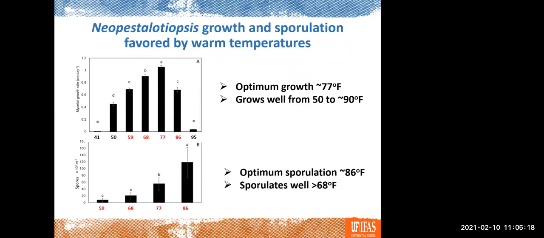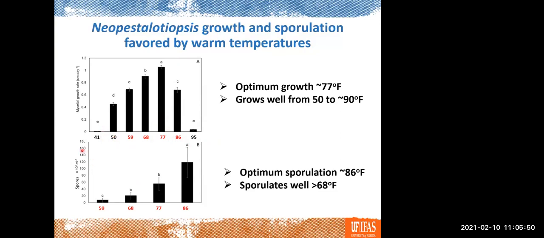As far as the conditions for growth and sporulation of the fungus, we have shown that the fungus likes warm temperatures. So basically this graph at the top shows the growth of the fungus in a petri dish at different temperatures, and the optimal temperature that we found was around 77, but the fungus does grow well all the way from 50 to 90.